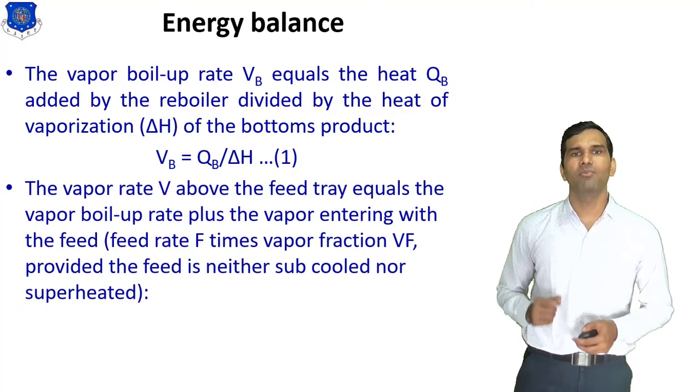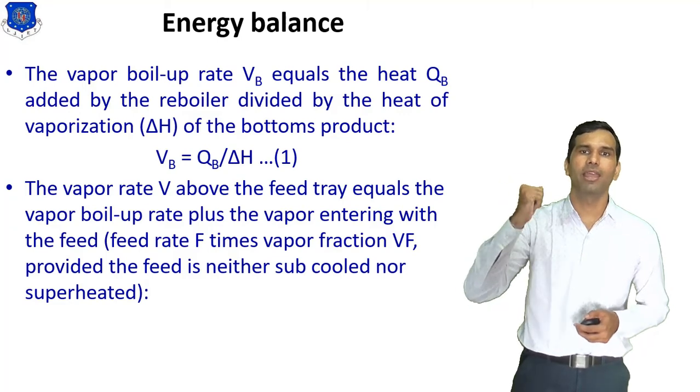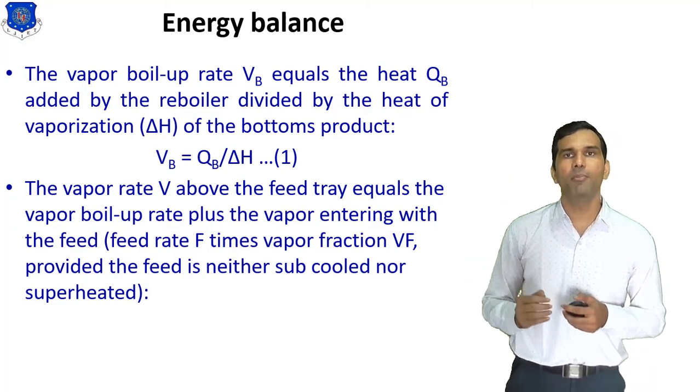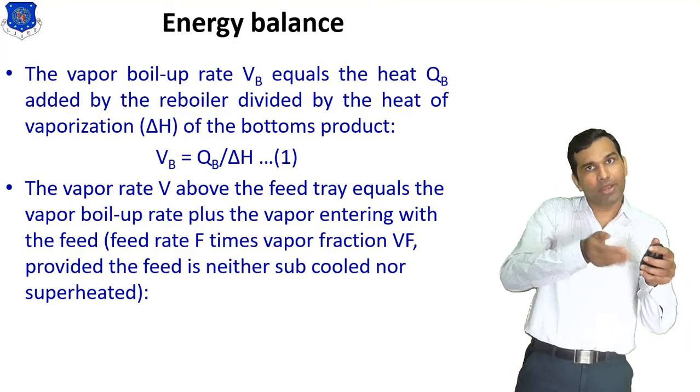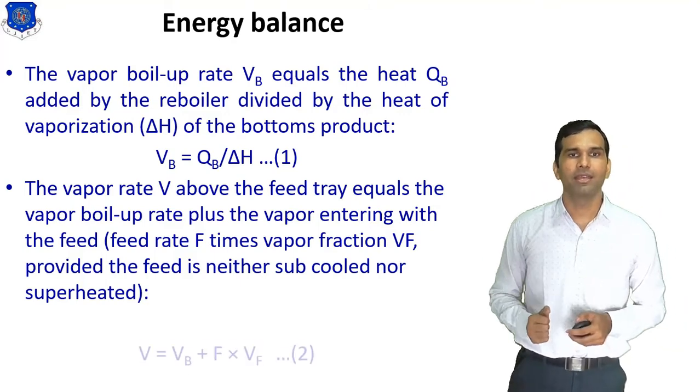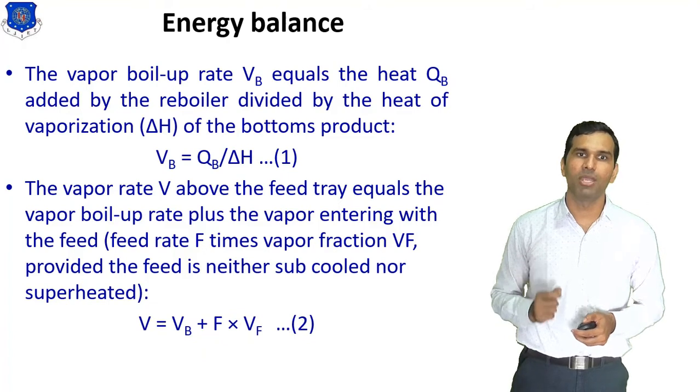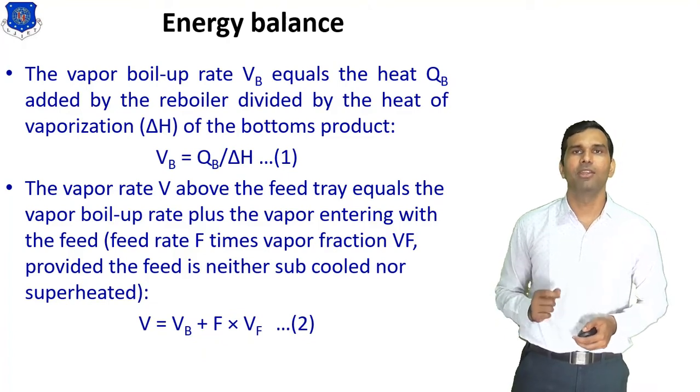And the vapor rate V above the feed equals the vapor boil-up plus the vapor entering via the feed. So we can write V is equal to VB plus F times VF.